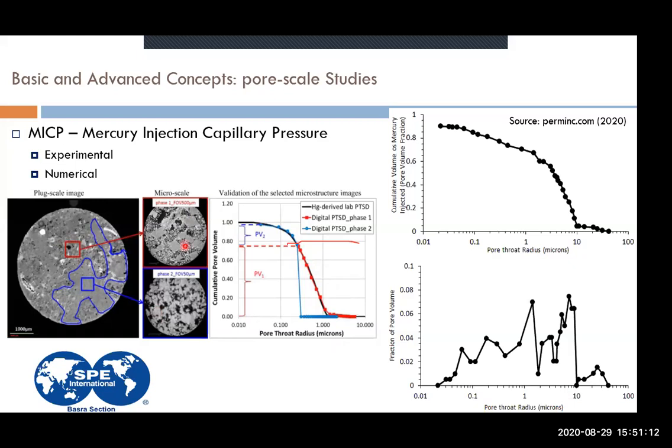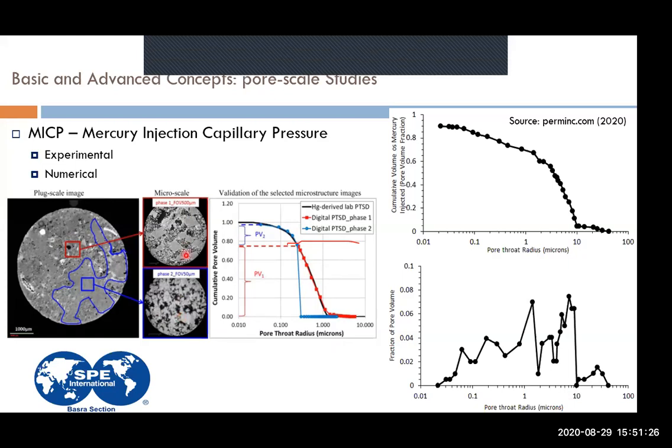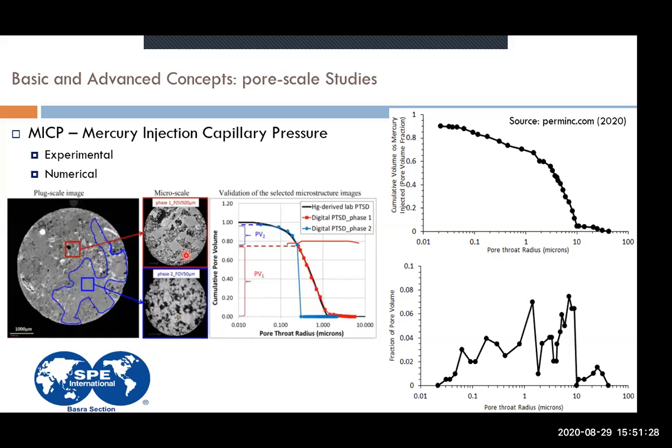And you can perform both of them and try to correlate with the MICP. And if this kind of correlation, this kind of selection of the subsample, was okay, we can move forward to perform other kinds of numerical experiments.